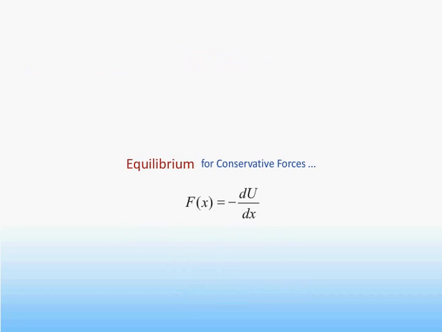So far, we have used the word equilibrium to mean the position or orientation where the net force on an object is zero. For conservative forces, we can get an equivalent condition for equilibrium in terms of the potential energy. Namely, since we can express a conservative force in terms of the spatial derivative of its potential energy function, we see that the locations for equilibrium will be at points at which the slope of this potential energy function is zero.